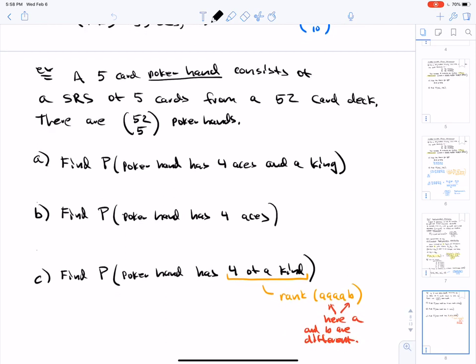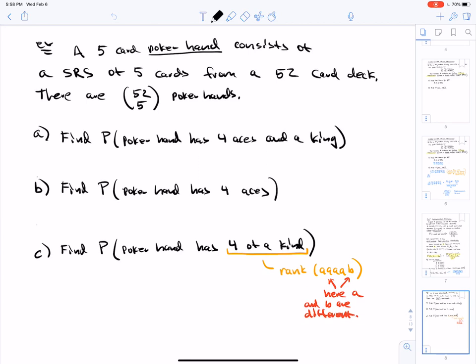So a 5-card poker hand consists of a SRS of 5 cards from a 52-card deck. There are 52 choose 5 poker hands. Now find the probability that a poker hand has 4 aces and a king, that a poker hand has 4 aces, the poker hand has a 4 of a kind, which means that you have 4 A's and a B, where A and B are not the same.